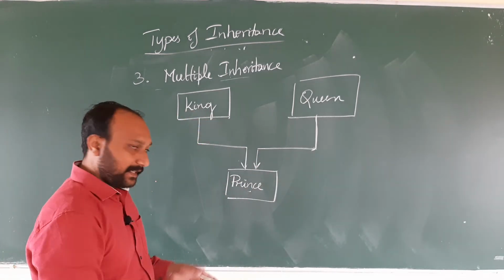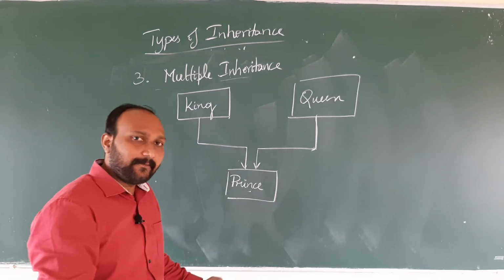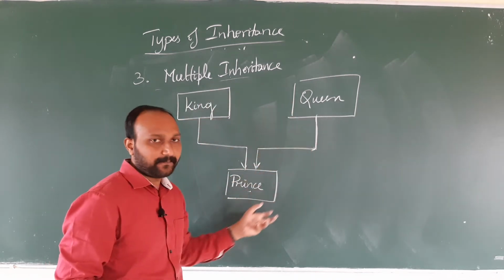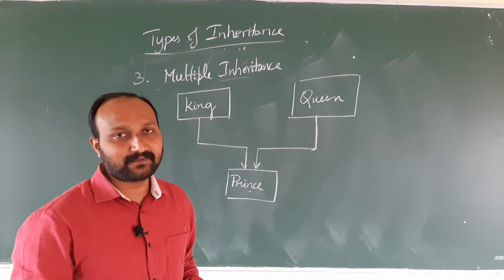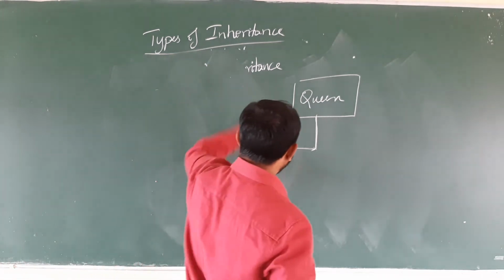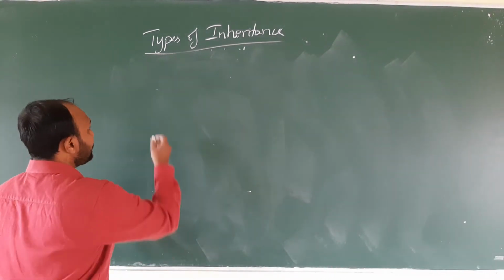So if a new class is derived from two or more base classes, then such a type of inheritance is called multiple inheritance. I hope you have understood. Very simple.